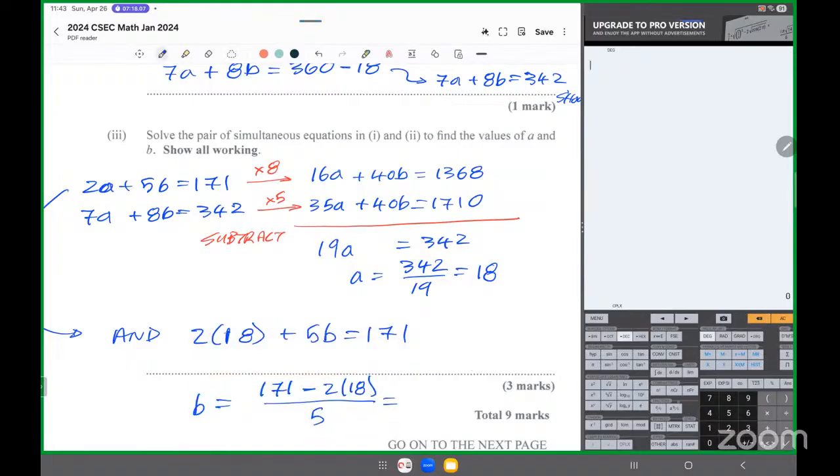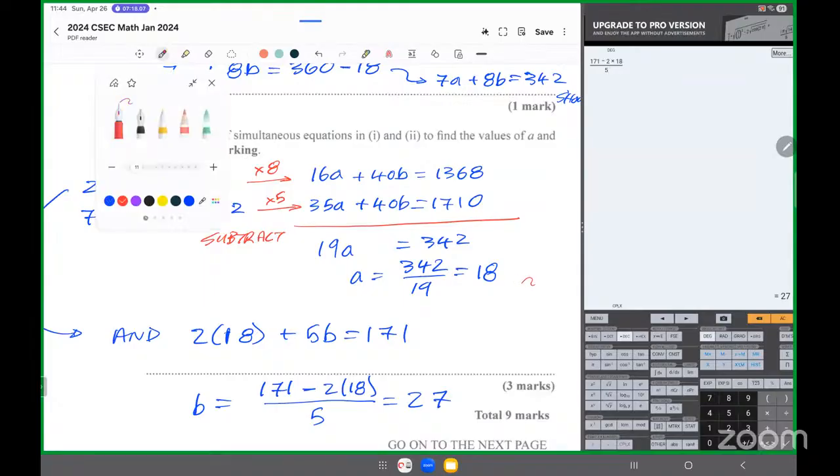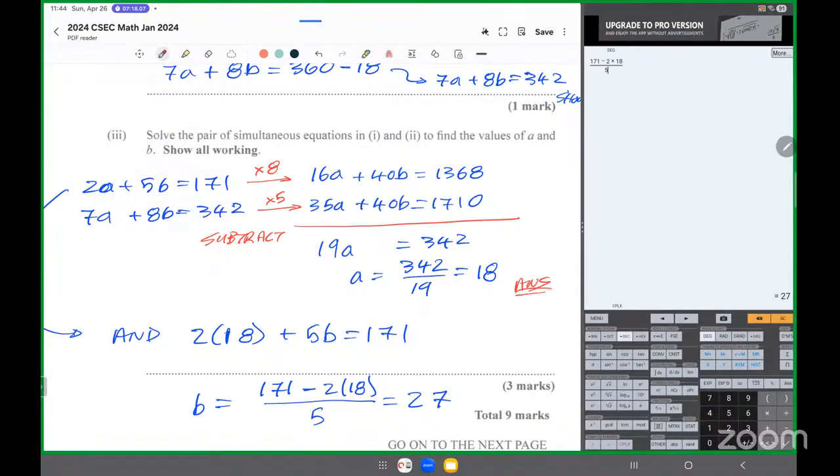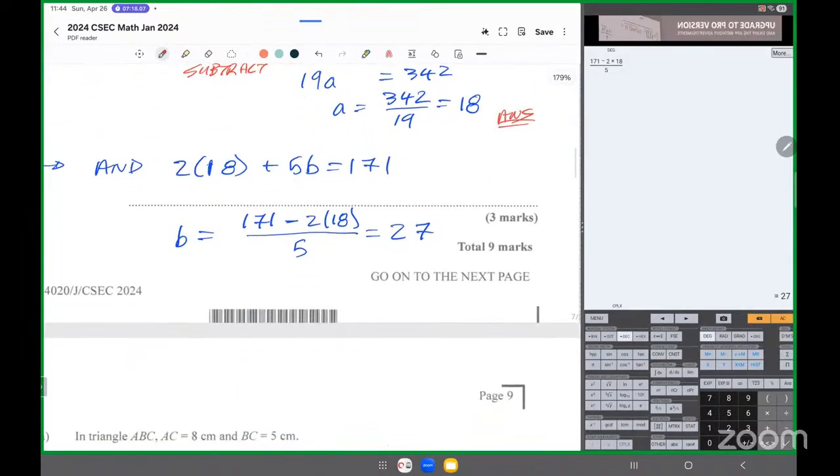It becomes a fraction of 171 minus 2 times 18, dividing that by 5. And that becomes 27. So those are your answers. A equals 18 and B equals 27.